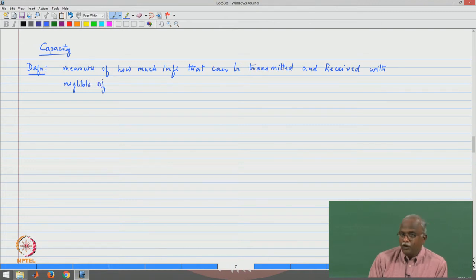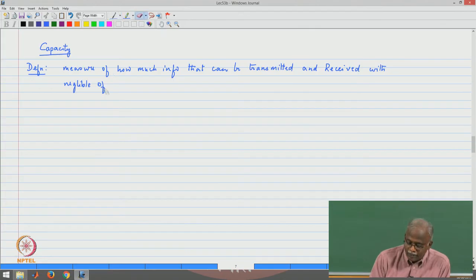Okay, so that is our definition, and I am sure when you have studied the basic concepts in digital communications and in information theory, this would have been a definition that was studied.